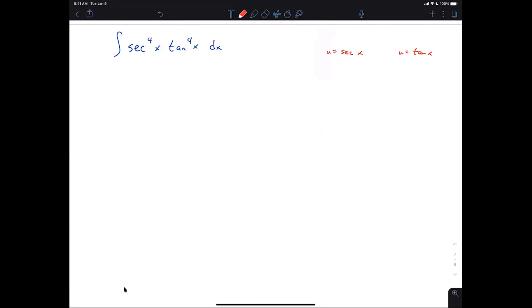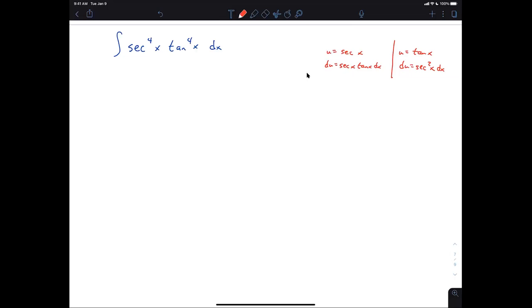But the idea is, if we're going to use this, then du is secant tangent. If we're going to use this instead, then du is secant squared. And you have to separate out du. And then after you separate out du, the one that is not u needs to then have an even power, because we're going to rewrite that one.